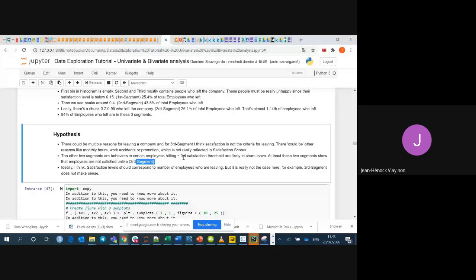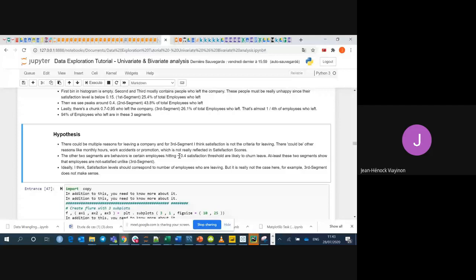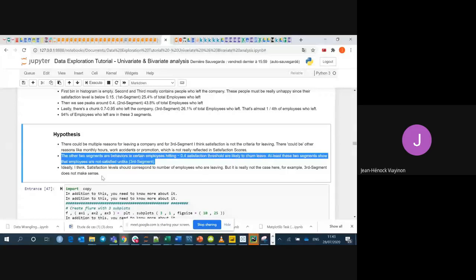So they are comparing the other two segments to the third segment using the satisfaction level. So there are some hypotheses that come to your mind, and from those hypotheses you know which direction your analysis will take.